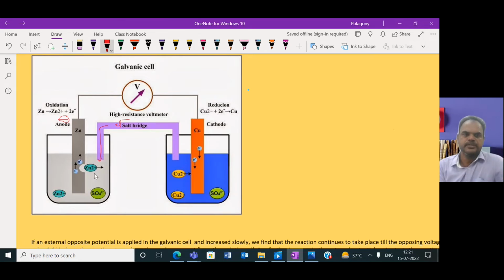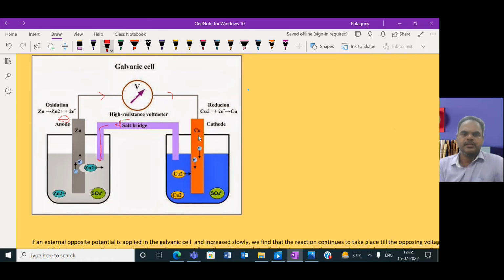Then it can form zinc chloride or zinc nitrate. As the zinc undergoes oxidation, the electrons pass from the wire in this direction towards the cathode, and the voltmeter will show the reading deflection.